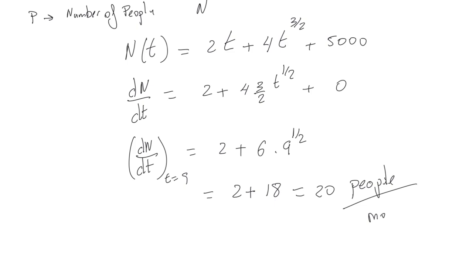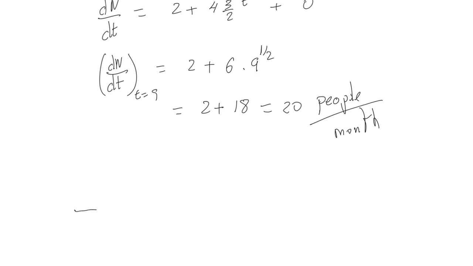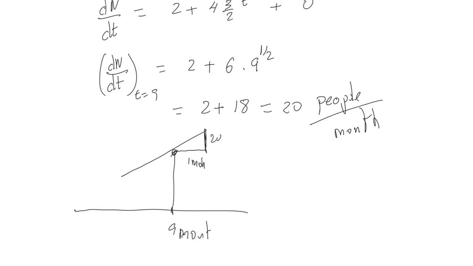per month. What it means is that when you stop at the time T equal 9 months and you see the graph, you will see a slope. And the rate of change of the population, of the number of people per month, the slope will be that if you walk 1 month, so you are in the 10th month, the change will be 20.